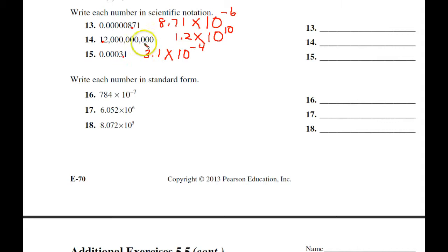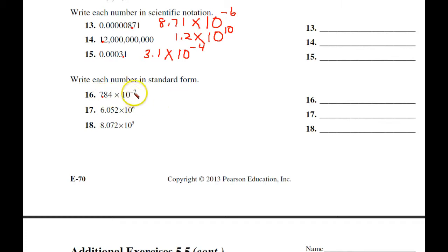All right, these numbers are now in scientific notation. Now to convert them back, I'm assuming that there should have been a dot there. Doesn't seem to be one, but that wouldn't be scientific notation if it didn't have a dot there. So I may be wrong, but let's assume there's a dot there.